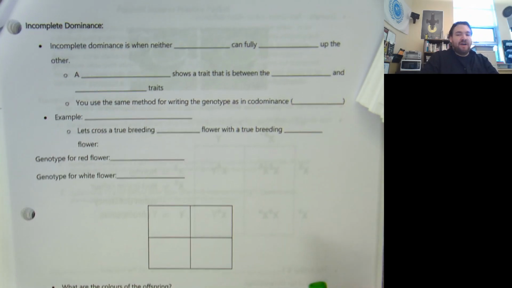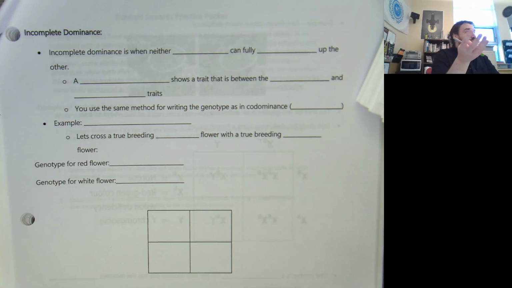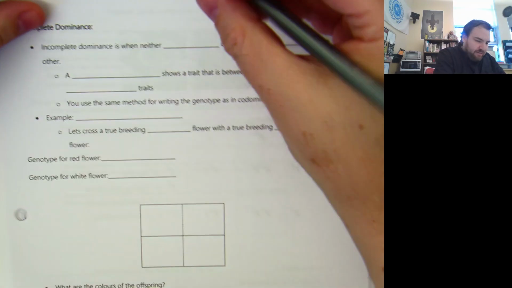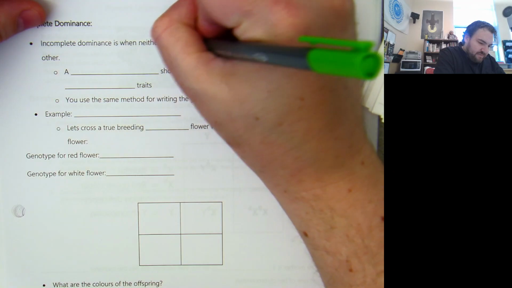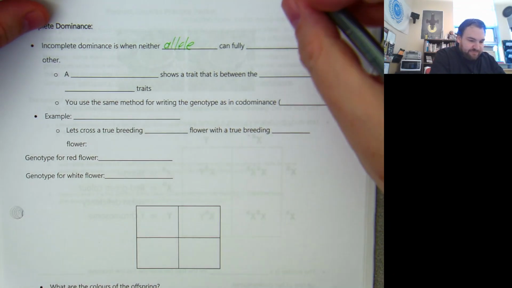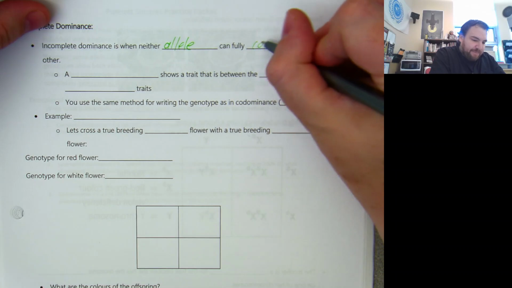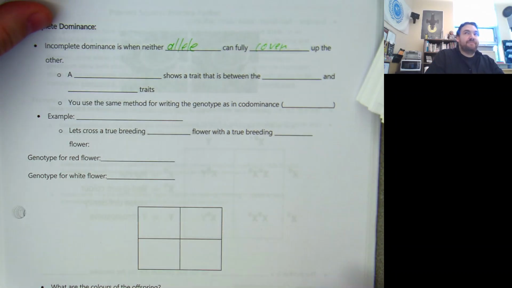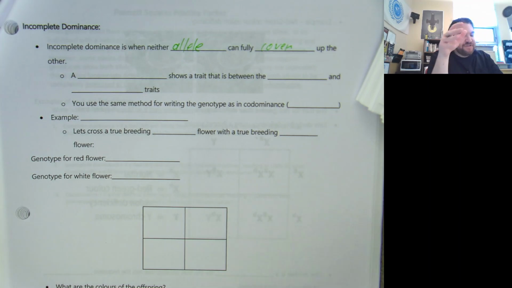Here is incomplete dominance. Also shows up in a heterozygous situation. Incomplete dominance is when neither allele can fully cover up the other, and neither is fully expressed.